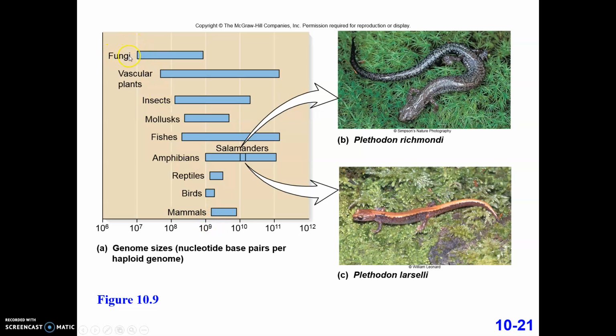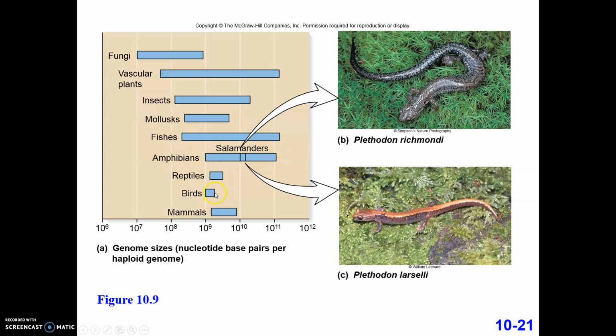Fungi can range over a long span. Vascular plants are even more spanning. Insects, a lot of variation here. Mollusks, so this is things such as clams and oysters, a little bit shorter. Fish, broad area. Amphibians, broad region.